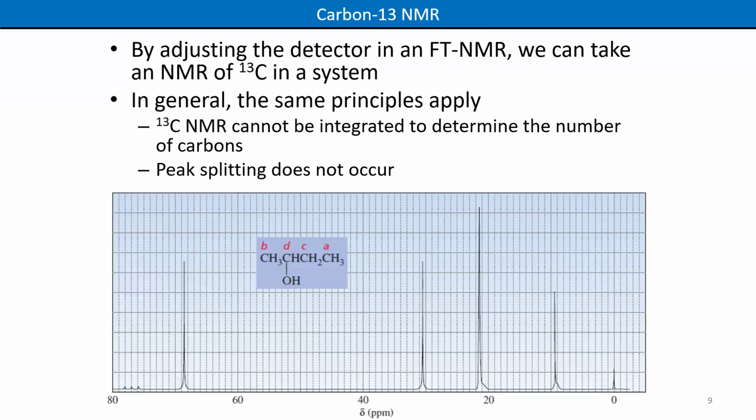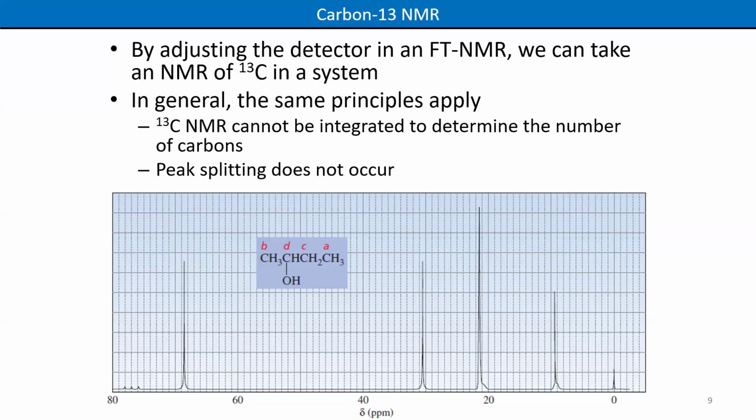But basically, the reason that we can take carbon 13 NMR pretty easily is if we have a Fourier transform NMR, which most modern NMRs are, you can adjust the detector to look for a wider range of chemical shifts and response rates.